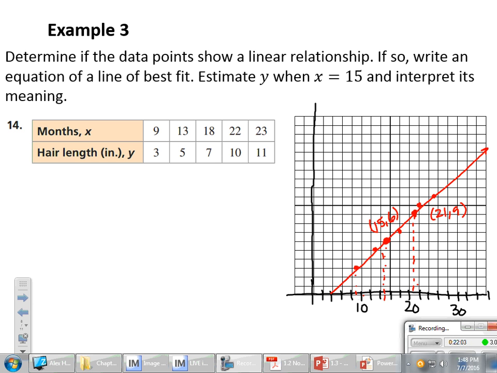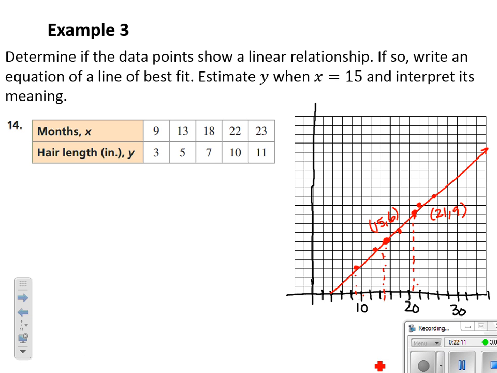Okay, so using this, we can come up with the equation of a line. So if we have our 2 points, then our slope, y2 minus y1 over x2 minus x1 gives me 3 over 6, which equals about 1/2.